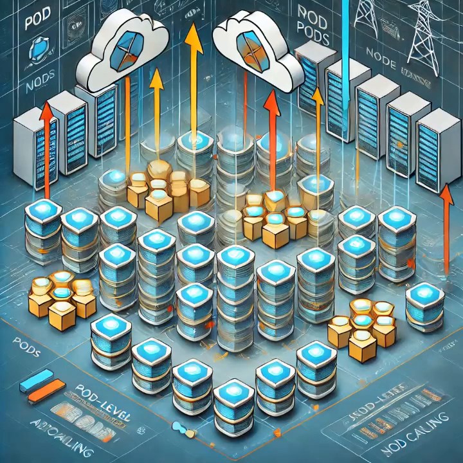So if CPU usage starts to go through the roof, the HPA steps in, spins up more pods to share the load. And then if things calm down, it scales back down to conserve those resources. It's all about finding that sweet spot between being responsive but also efficient.